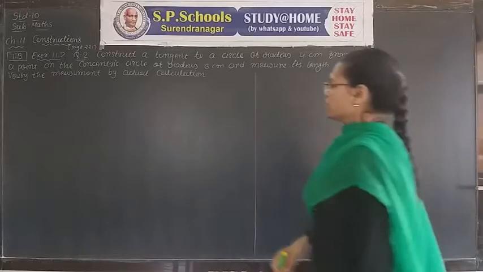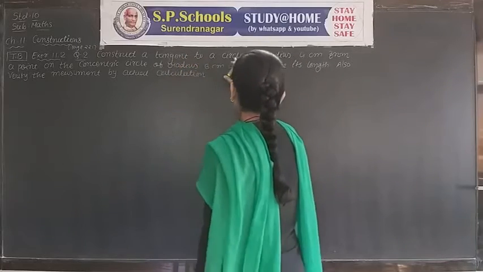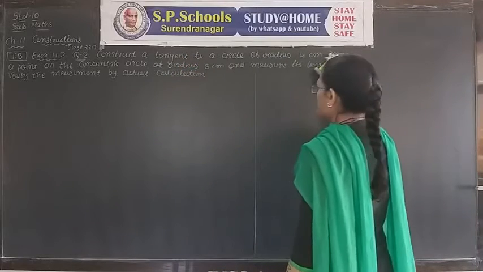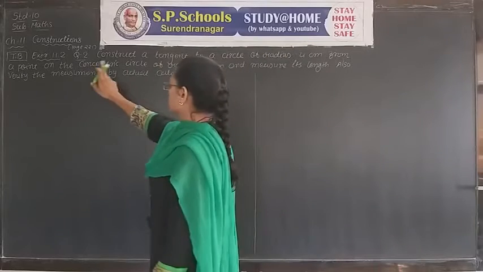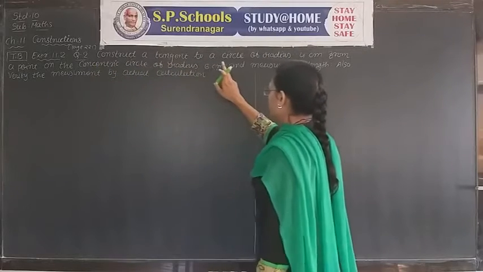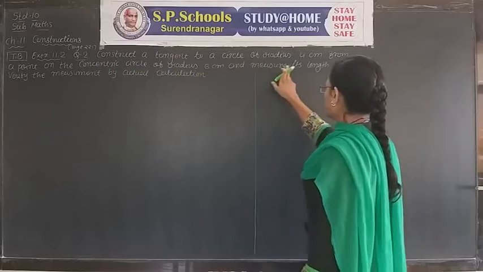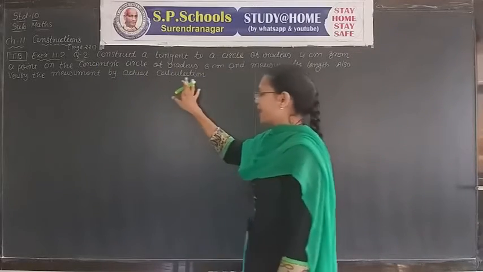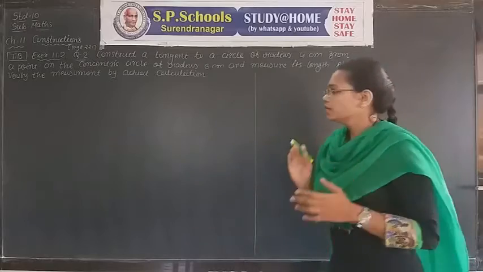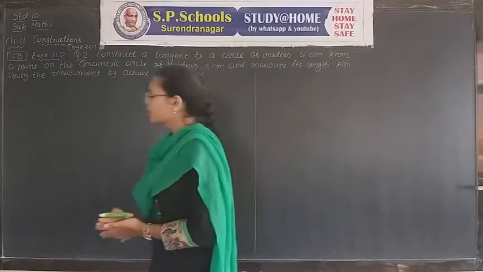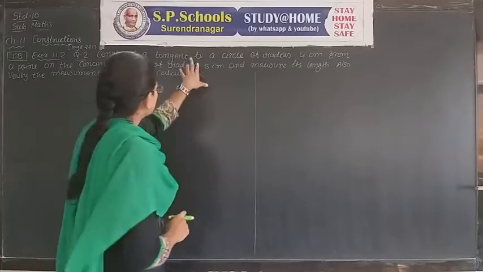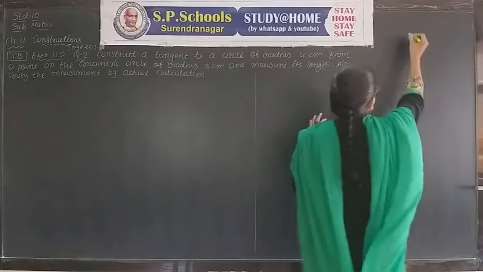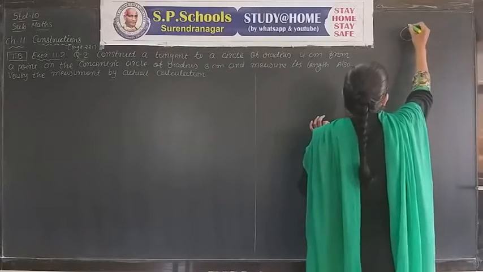The question is, construct a tangent to a circle of radius 4 cm from a point on the concentric circle of radius 6 cm and measure its length. Also, verify the measurements by actual calculation. First of all, we construct two tangents. One circle is given, of radius 4 cm.